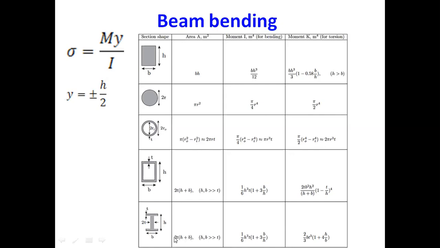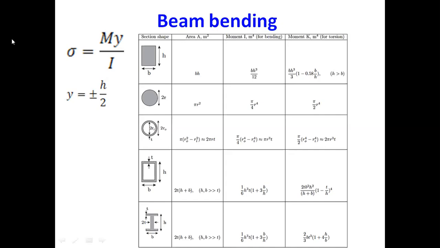And for this I section, this is the model 2t times h plus b. The unit of second moment of area is meter to the 4. Remember that the unit is always meter 4, inch 4.